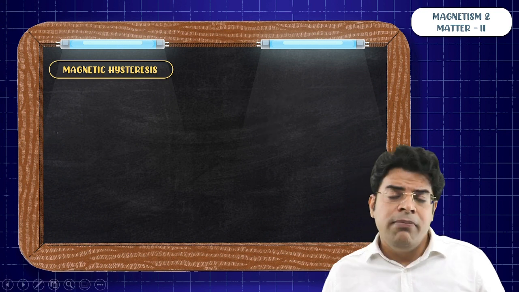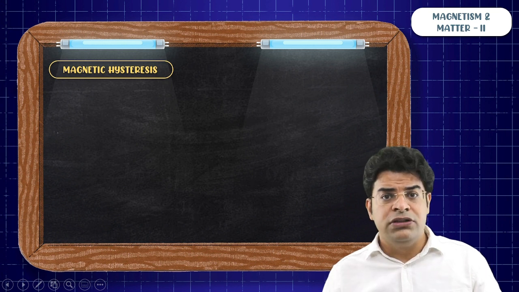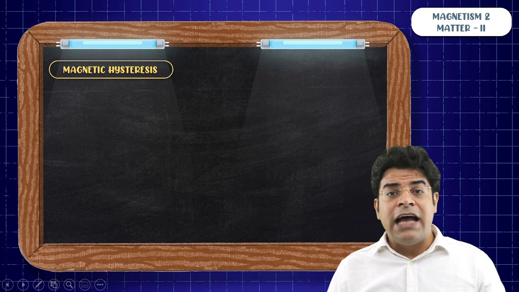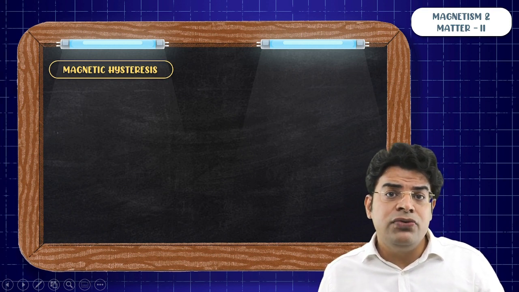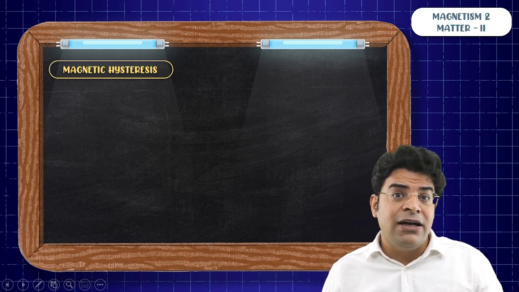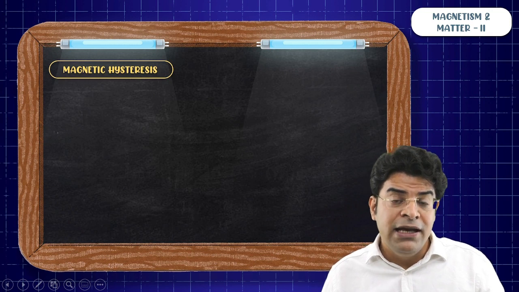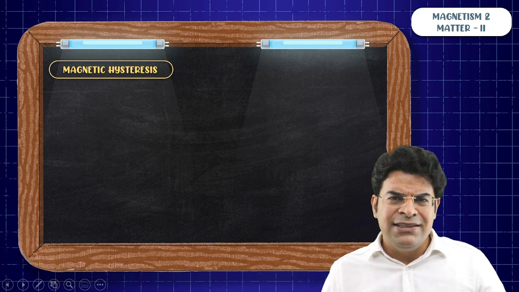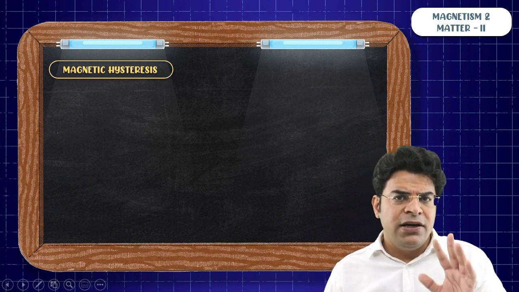Now many electrical appliances that we use have got the presence of ferromagnetic substances in them. And the type of current supply we use in our household is AC current supply, alternating current supply. And that's why understanding hysteresis becomes important. What is hysteresis, sir? Let's understand it one by one.